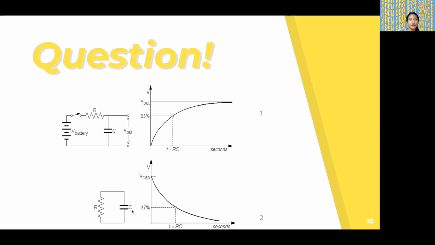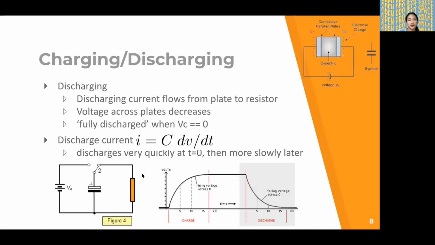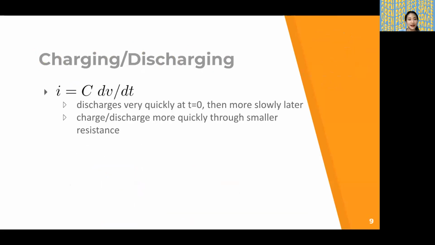This is basically the same as the circuit we looked at earlier. When it's at position A, it's charging. There's no resistor in this circuit, but pretend there is. When it's at position B, it's discharging, and the lamp or the LED works like a resistor, the load.